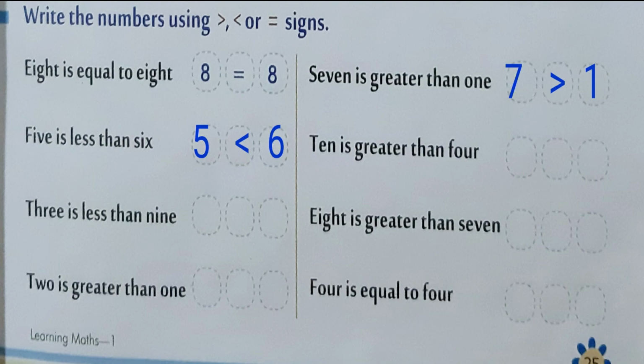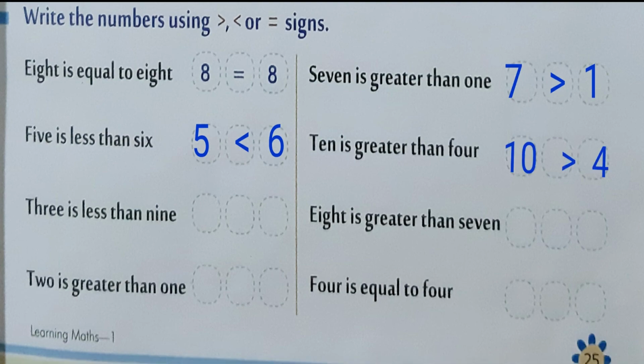And see the next one. Ten, 10, is greater than four, 4. 10 is greater than 4. We have to write the number 10 and next greater than sign and next 4. 10 is greater than 4.